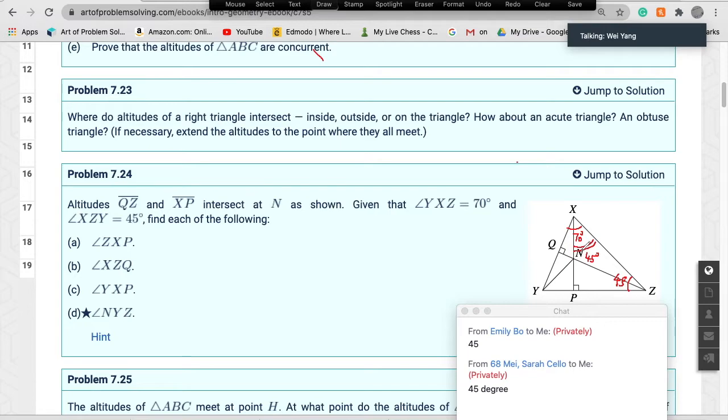That means the angle PXZ also equals 45 degrees. So ZXP equals 45 degrees.